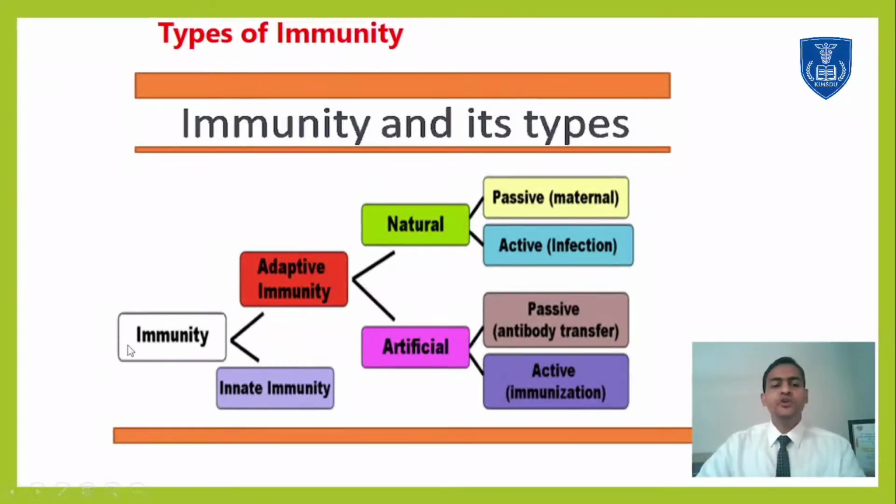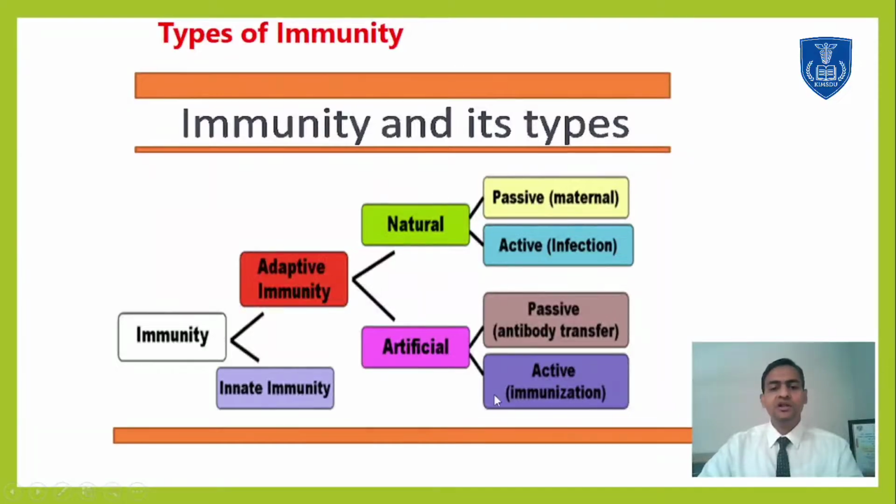So immunity basically is divided into innate, that is since-birth immunity, and adaptive immunity. Adaptive immunity is again subdivided into natural and artificial. Natural is due to maternal antibodies or recent or earlier infection in childhood, whereas artificial immunity in adaptive immunity is due to passive transfer of ready-made antibodies or the vaccine given.